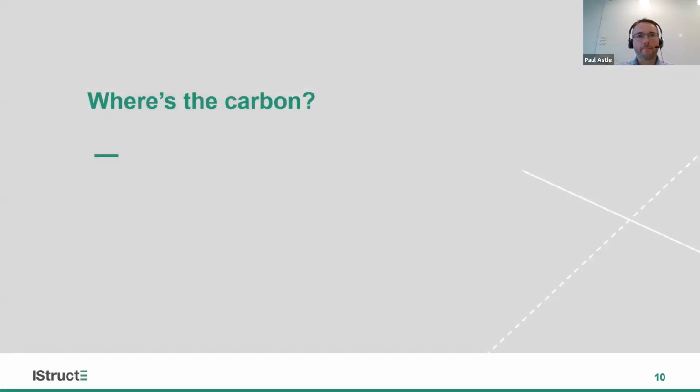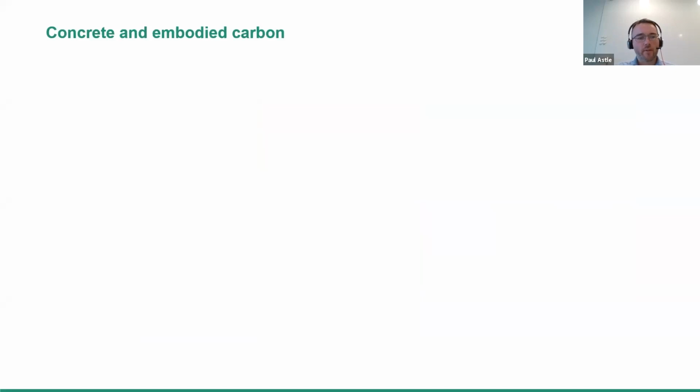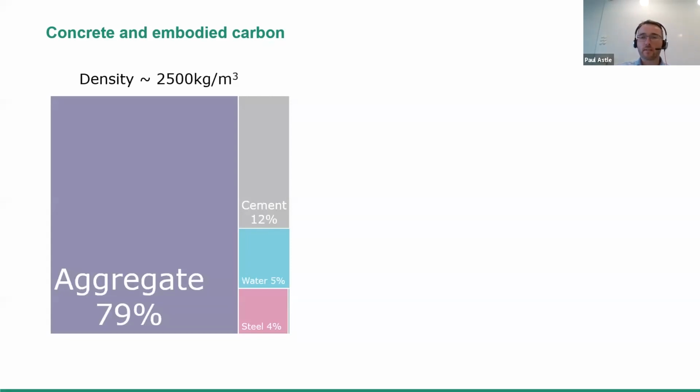So where is the carbon then? Well, hopefully most of you are familiar with what goes into concrete. We've got sand and gravel, water, cement and steel. There's also admixtures, which I haven't shown, but they can also play a significant role. And if we look at the distribution of those materials by weight, then the vast majority of the weight of concrete is in the aggregates, the sands and the gravels, 70 to 80% or even higher sometimes.